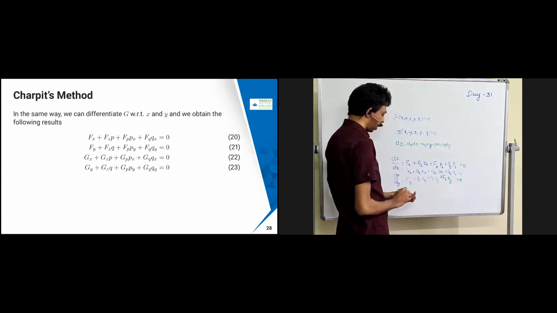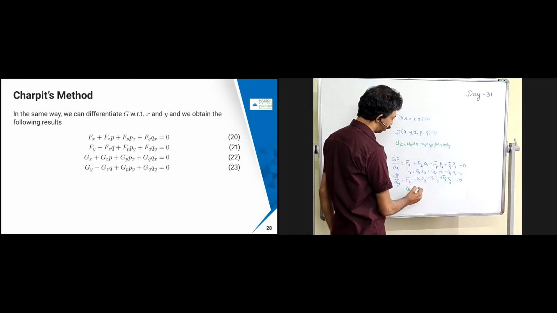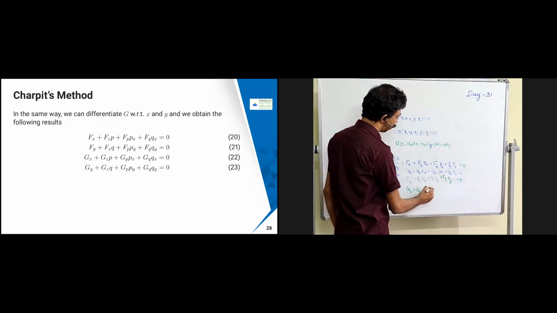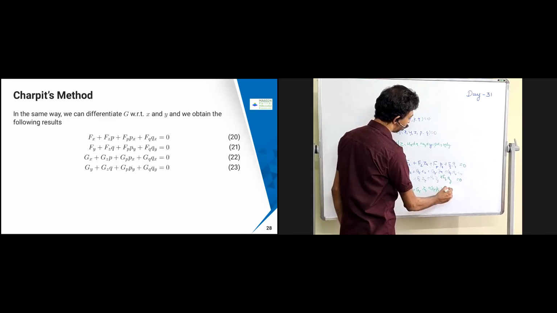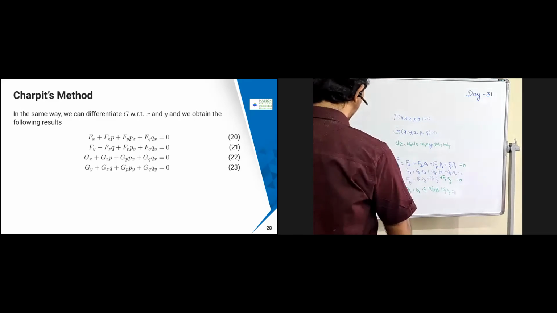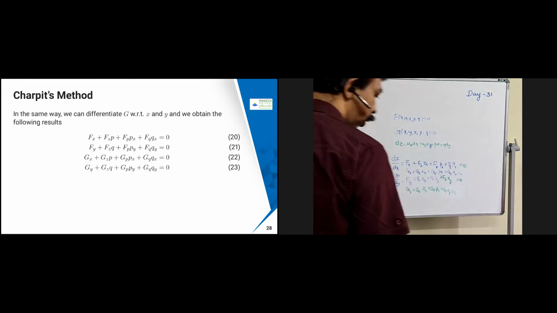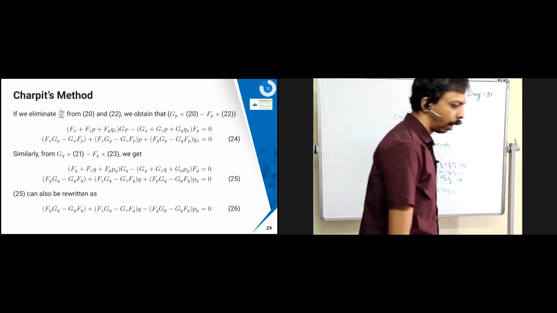Similarly, here I am going to get gy plus gz into zy plus gp into py plus gq into qy equal to 0. Now you solve these 4 equations. You just eliminate some of the values from here, and then we can do that.